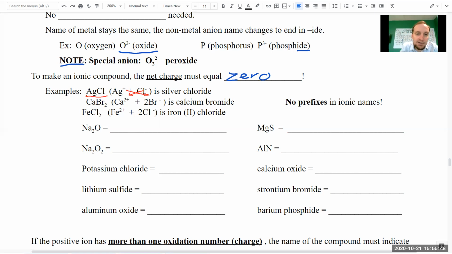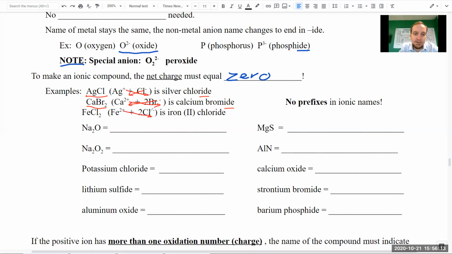The next example, we have calcium with a +2, and then we're going to need 2 bromines because bromine has a -1, so if I move that down, I'm only going to need 1 calcium. So it's CaBr2. That's calcium bromide. Silver chloride, same thing here. Move that down.